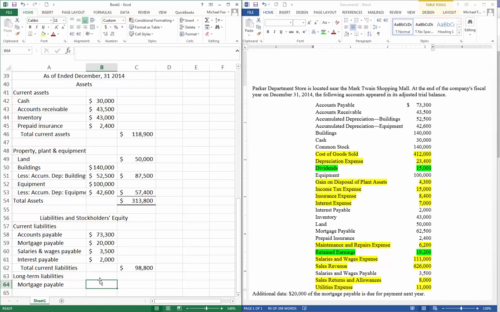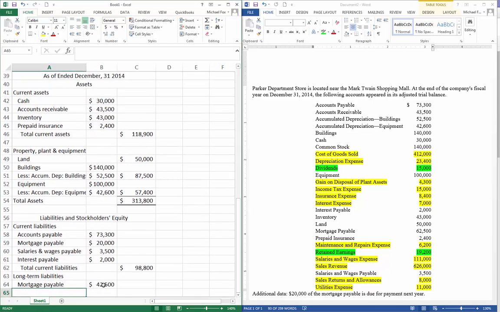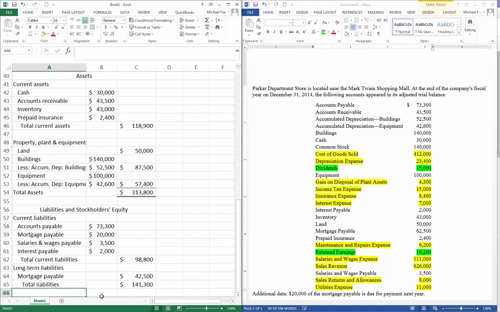So this is going to be the remaining $42,500. And I think that's our only long-term liability. So in fact, I'm just going to move it over here. So our total liabilities: current liabilities plus the long-term liabilities, or 141,300.